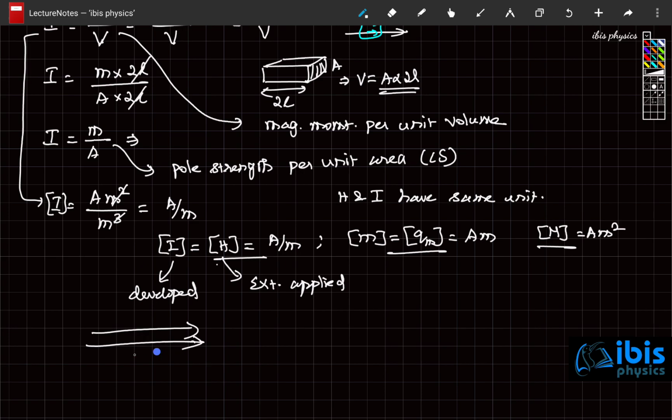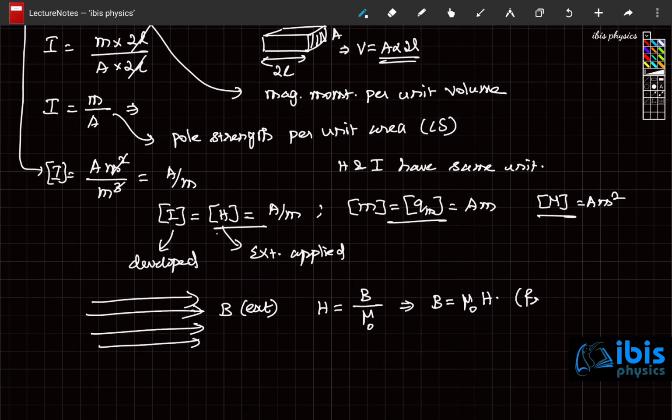Suppose in a region you apply a magnetic field B. The magnetic field is externally applied, so we can define H as the magnetic field per permeability. Hence in free space the magnetic field is equal to mu naught times the magnetizing field.